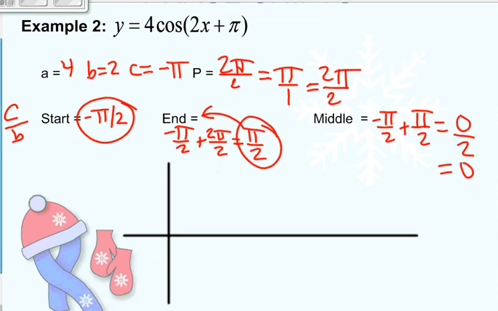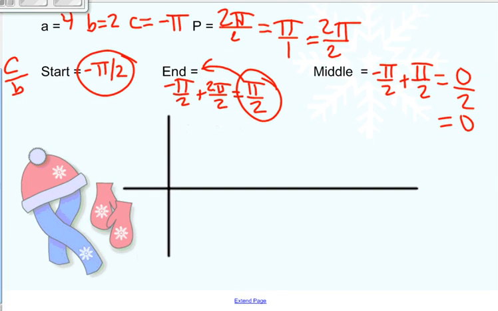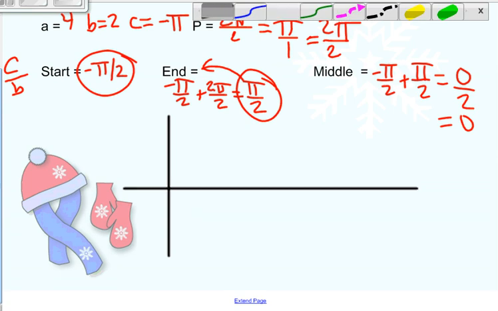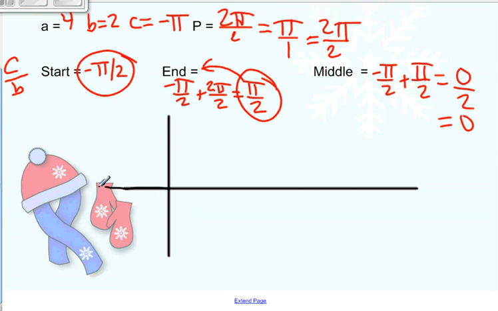So I'm going to actually extend my graph here so I've got a little more space. Okay, so I know I'm ending at pi over 2 and I'm starting at negative pi over 2, which means I have to have two things in the middle before I get to 0.